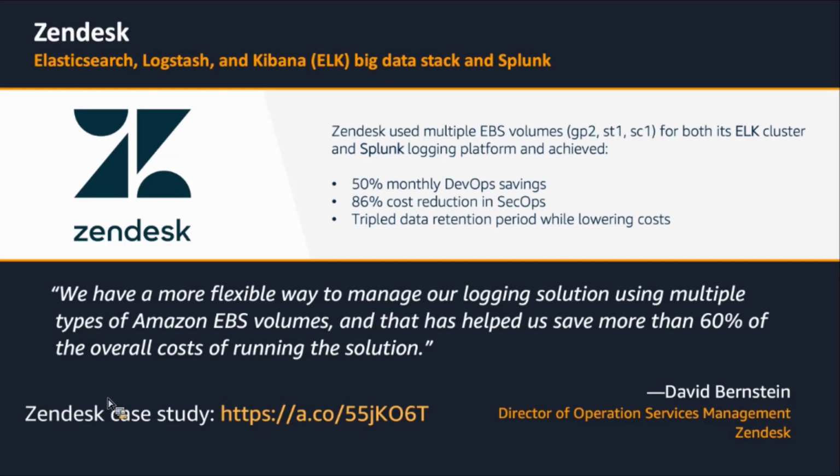Because of the native tiering built into the ELK stack, they can reduce their TCO by moving the warmer data and colder data into the lower tiers of EBS volume types without any impact to the performance or their query times.